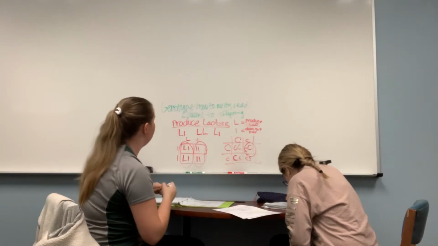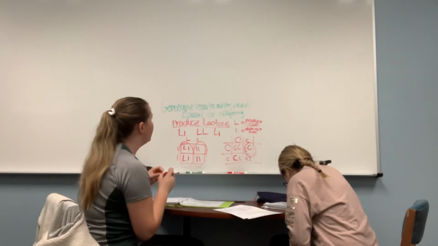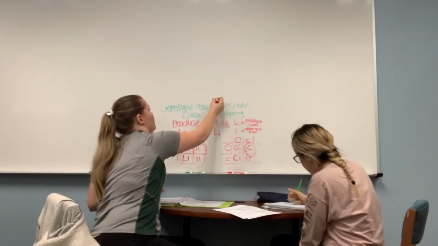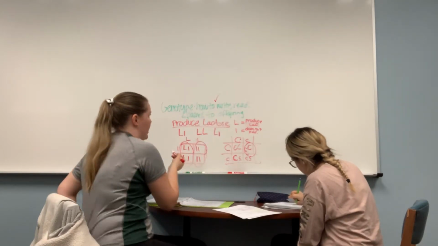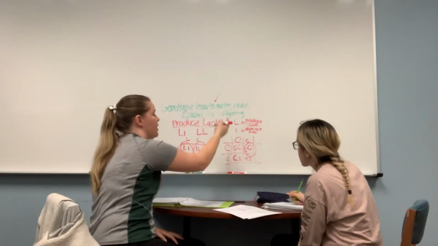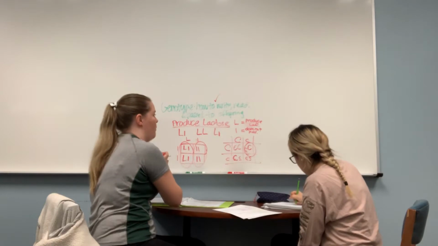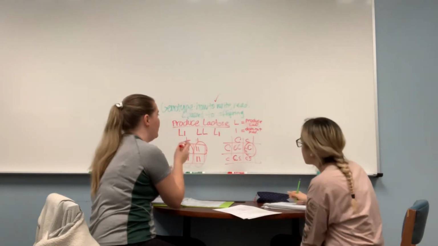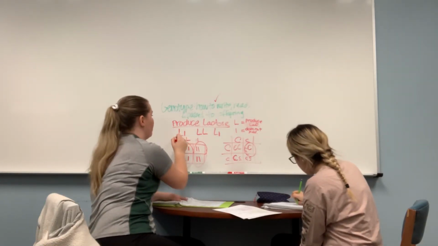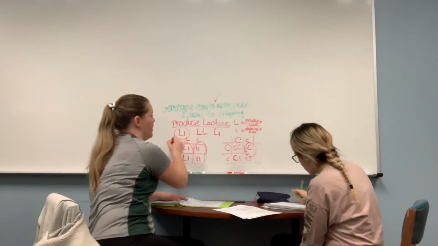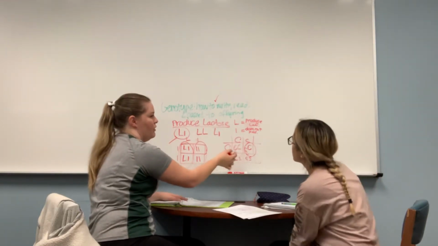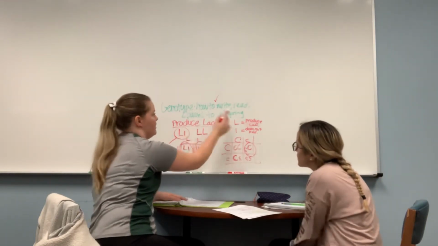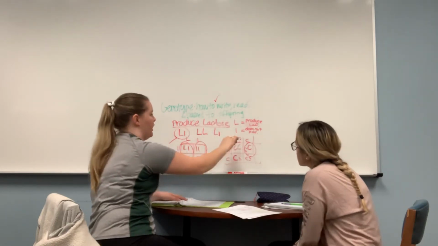Okay, so it looks like we discussed how to write it, right? We discussed how to read a genotype, because a genotype, like we said, is the alleles put together, and what they mean. So we can answer what a specific genotype is based on the alleles that we're given. If you have this, you know exactly what this means: produce lactate, carrier for not.